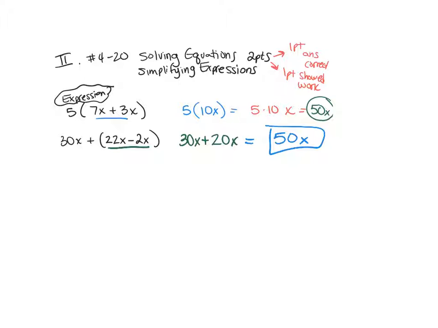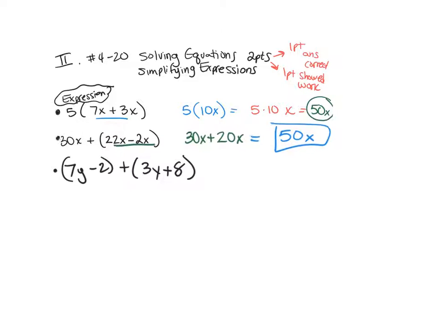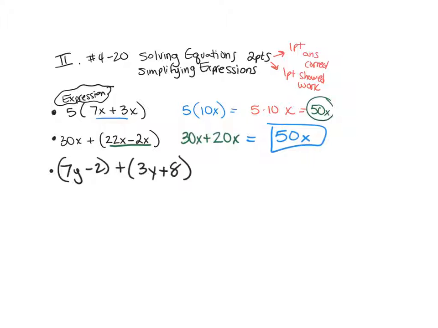There are other types of expressions, such as this. In this expression, you will notice that you are adding 7y minus 2 and 3y plus 8.